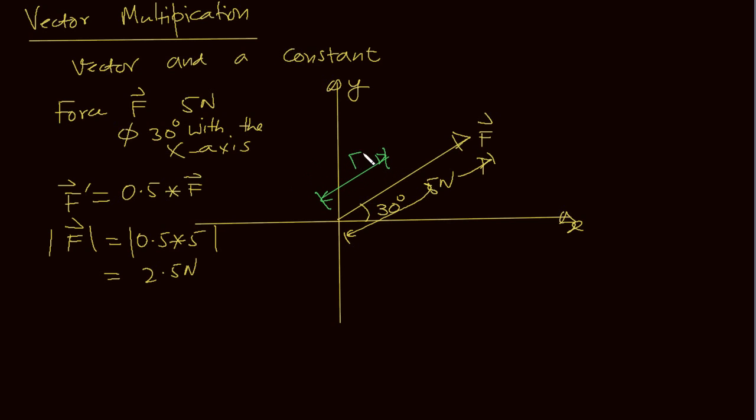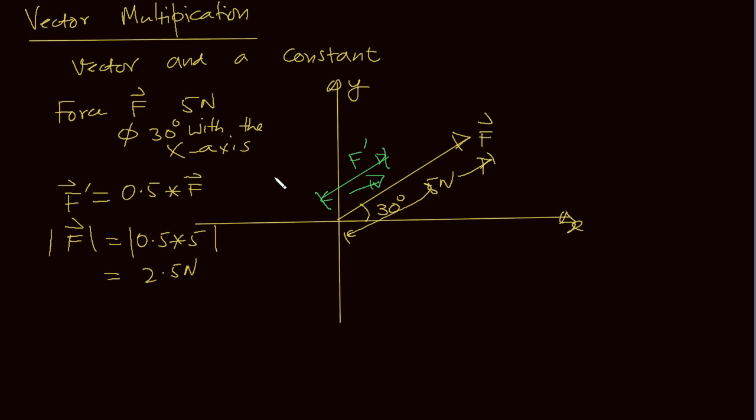So this is your F prime. So the magnitude is half of the original force, direction is the same. So when you multiply a constant with the vector, the direction does not change, just the magnitude changes.